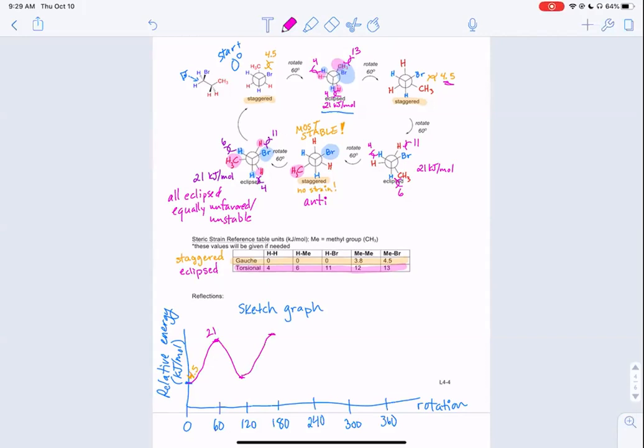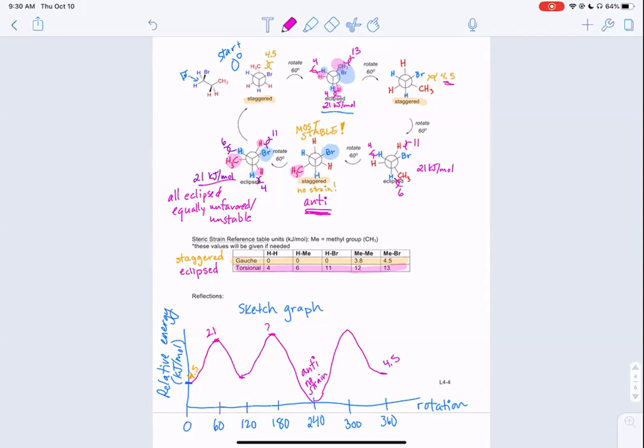And then when we got to our anti-conformation, it turns out that was 240 degree rotation. This went all the way down to no strain. So that's this conformation right here, the anti-conformation. And then our next conformation was eclipsed, back to 21. And then the 360 degree rotation would just get us back to where we started, to the 4.5.